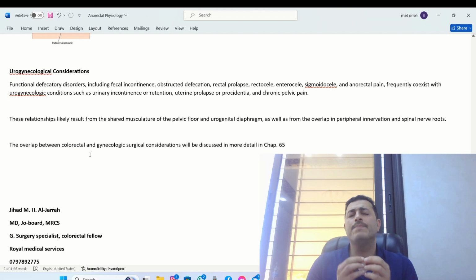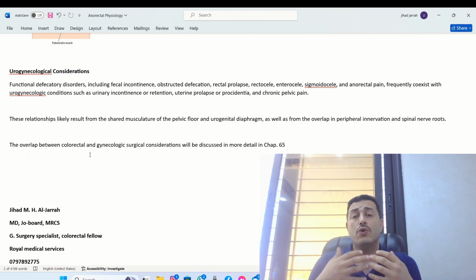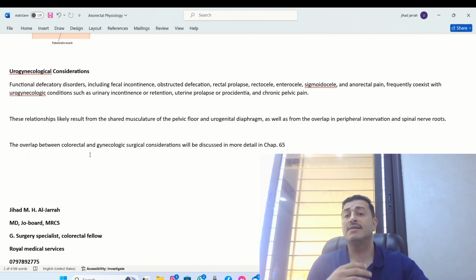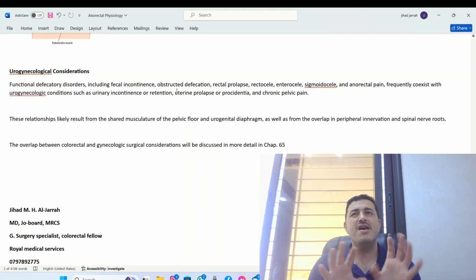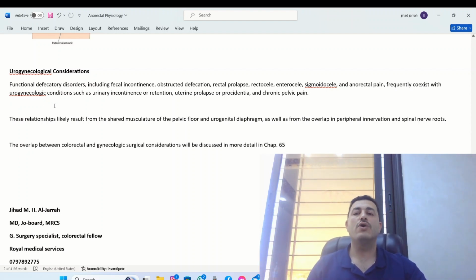Urogynecological consideration: functional defecatory disorders with a problem in the anorectal region, such as fecal incontinence, obstructed defecation, rectal prolapse, rectocele, sigmoidocele, and anorectal pain, frequently coexist with other urogynecological conditions such as urinary incontinence, retention, uterine prolapse, and chronic pelvic pain.